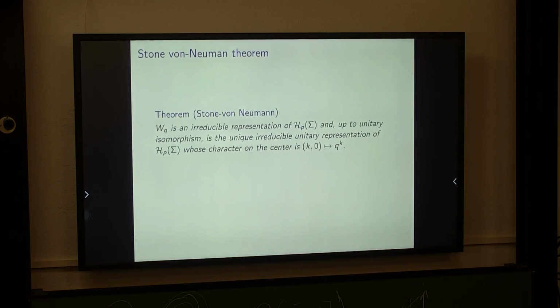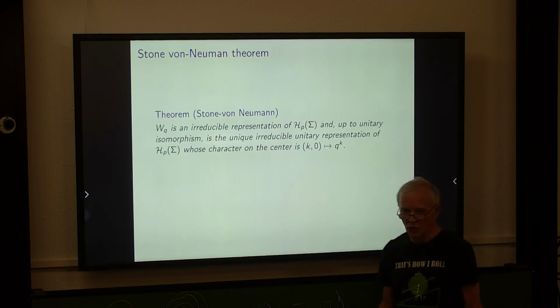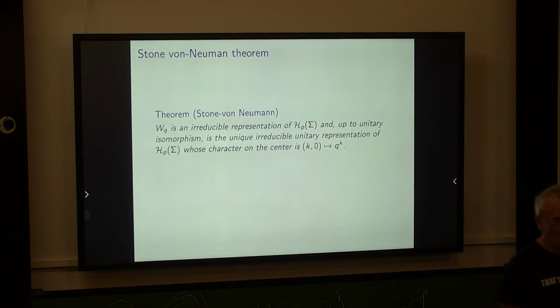And then, in this case, you have this famous Stone-von Neumann theorem, saying that if you fix the central charge, then this Schrödinger representation is irreducible and unique up to unitary isomorphism. So it's unique up to an S1 complex number.